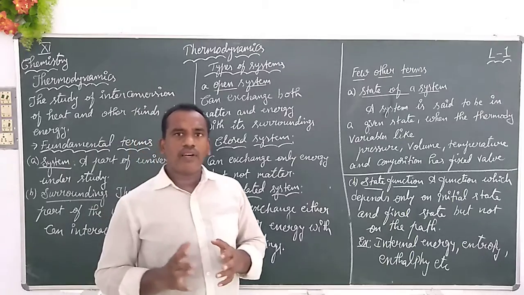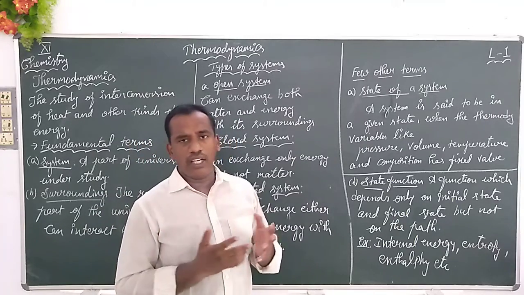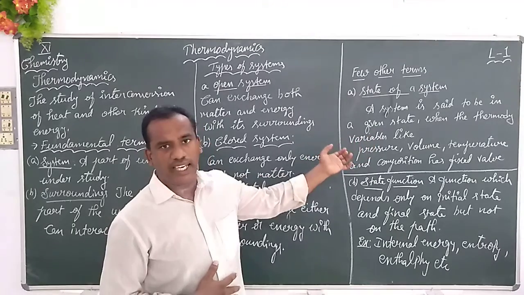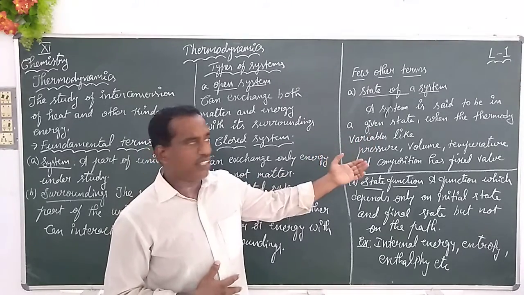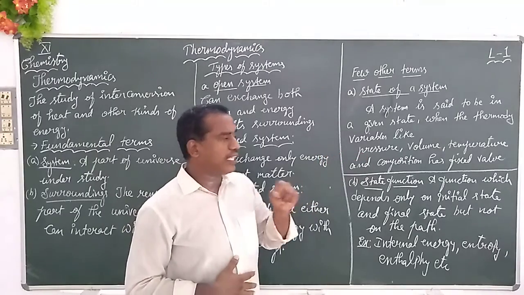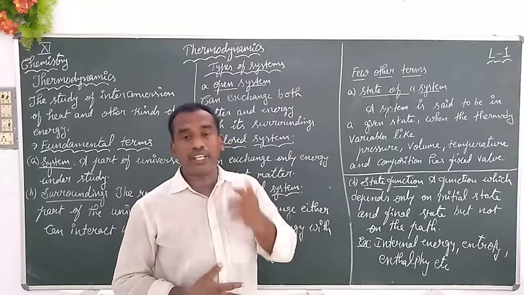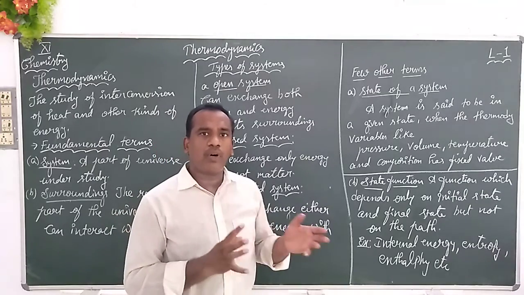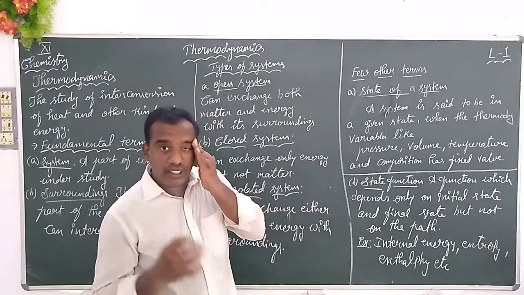And here there can be different phases. A system is said to be in a given state when the thermodynamic variables, means the variables that depend upon the heat content, have a fixed value. What are the variables that depend on the heat content?